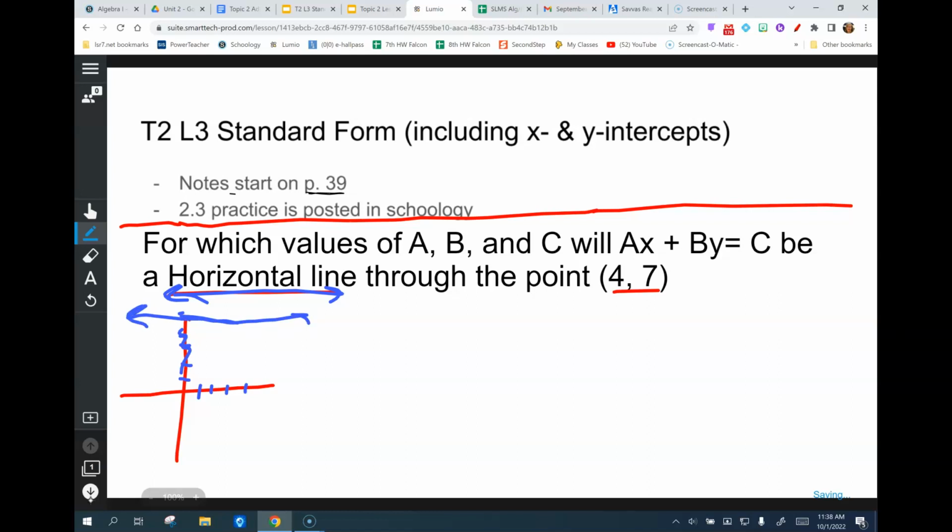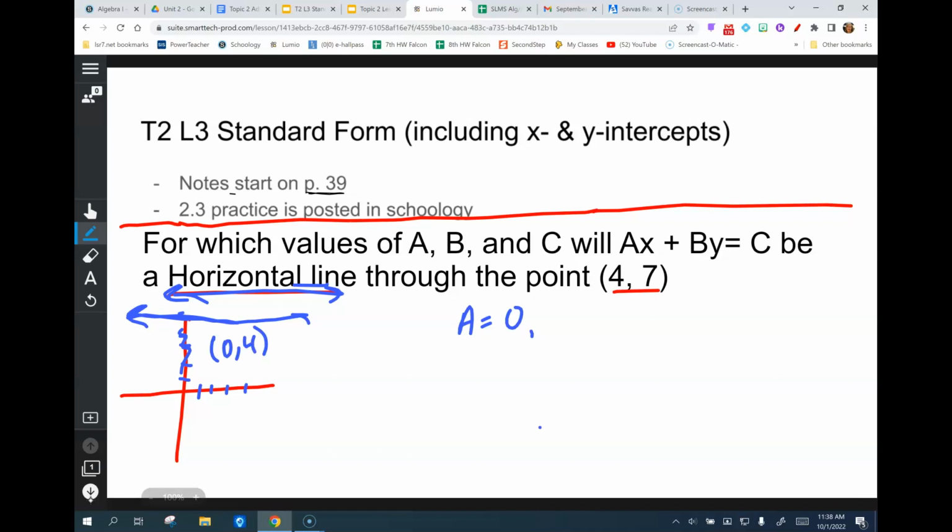So what do I notice? Well, I notice, because it's a horizontal line, I don't have any x-intercept. So if I don't have an x-intercept, that means A is going to be equal to 0. Okay? Then what that means is that I would have to go through that point right there, and that's the point (0, 4). My y-intercept has to be 4.